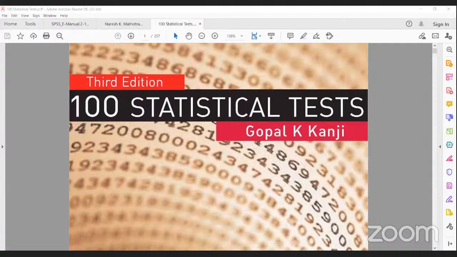So those who are interested, the research methodology book by C.R. Kothari may also be available in Library Genesis or Jet library. But if not, try to buy the book. My sincere request is to try to buy a book and learn the things.